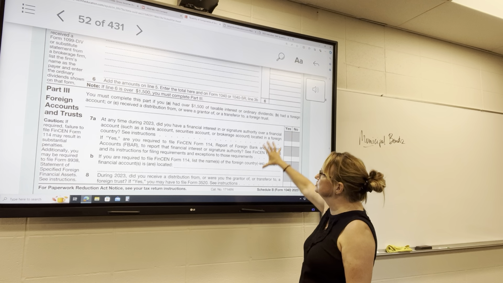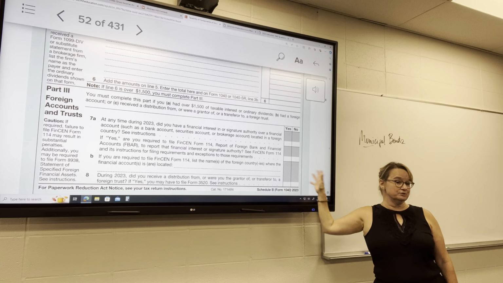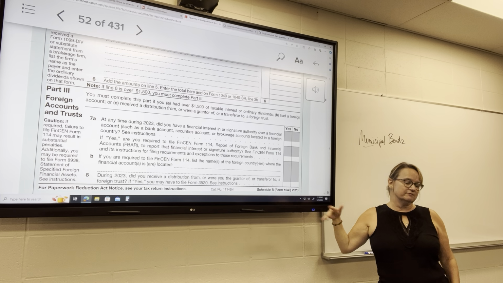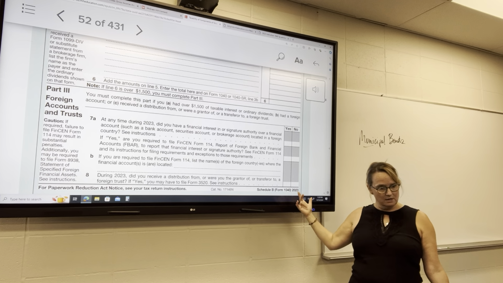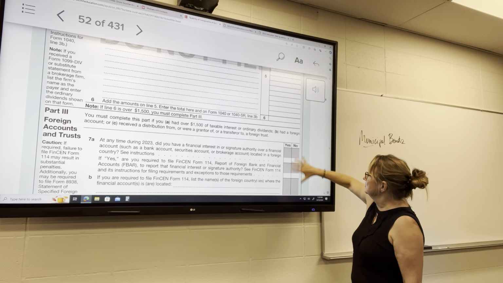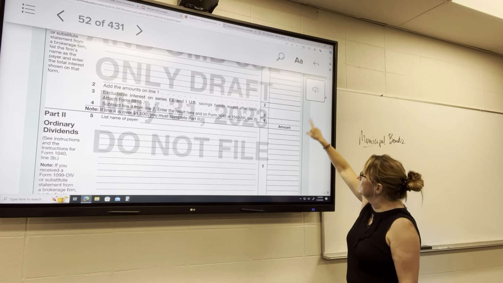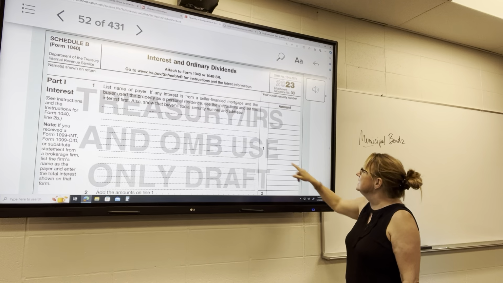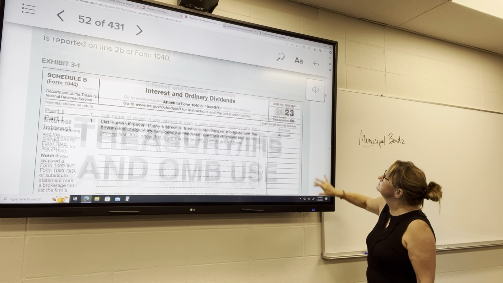So they have this section here where you have to answer yes or no, so that if they find out that it should have been answered yes and you answered it no, then you're gonna be in trouble. So that's what the bottom part of this form is for. But the income is actually reported up here. So even if it was foreign source income and you reported yes down here and it was foreign interest, that would be listed up here under all of the interest items.